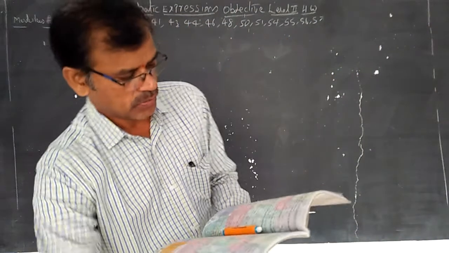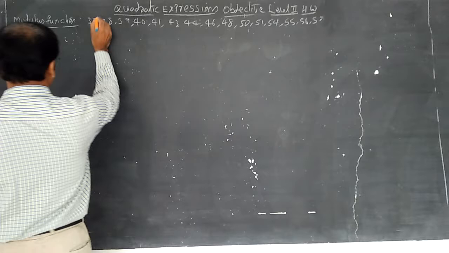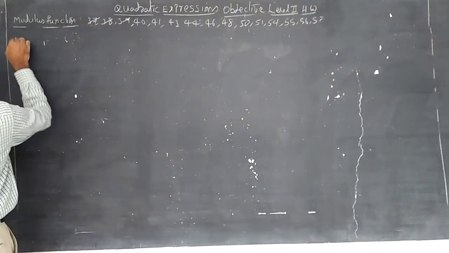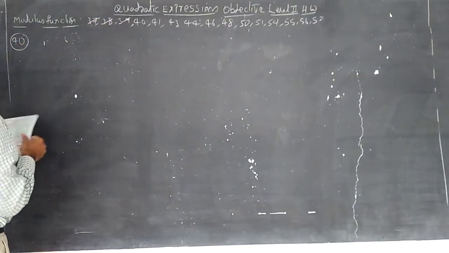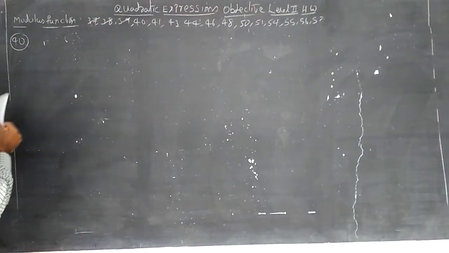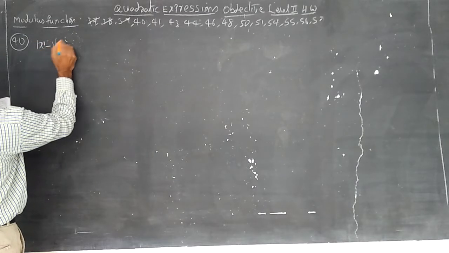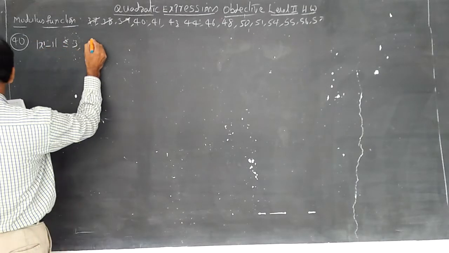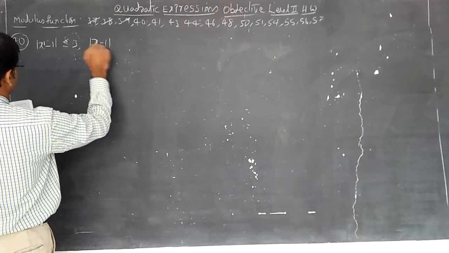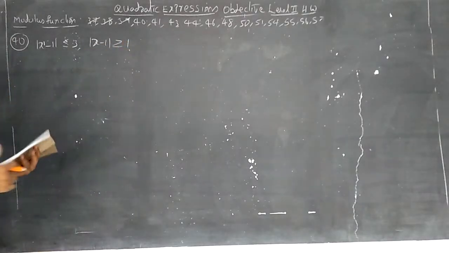Now question 39 is completed. Let us discuss question number 40. The set of real values of x satisfying modulus of x minus 1 less than or equal to 3, modulus of x minus 1 greater than or equal to 1.